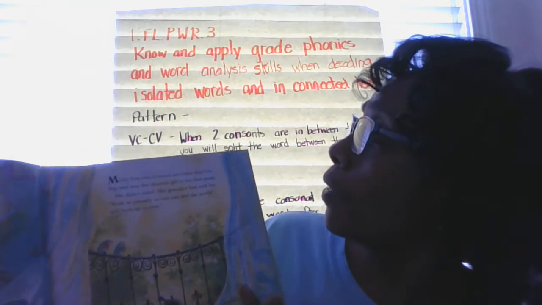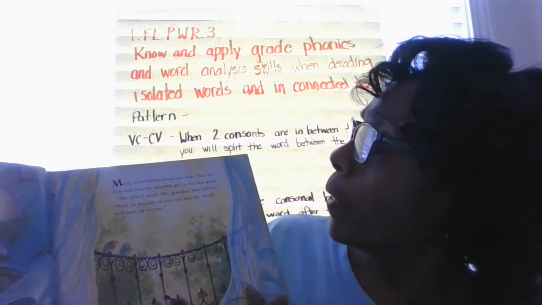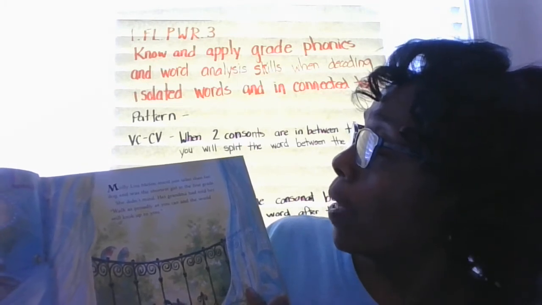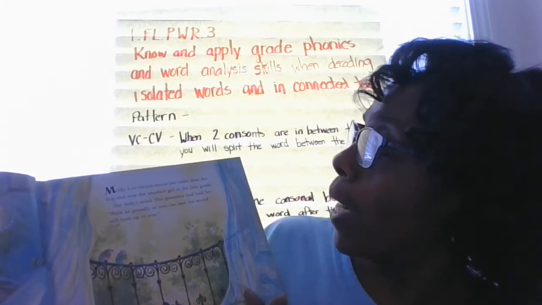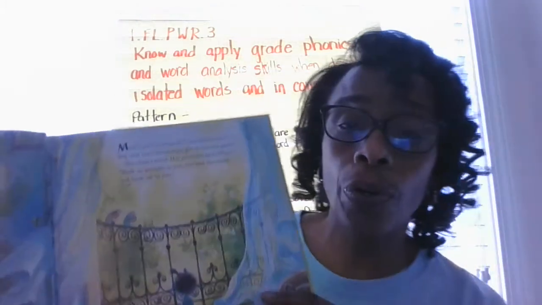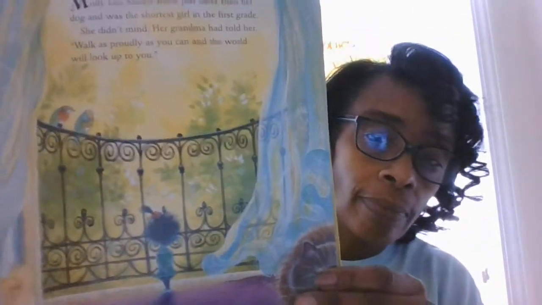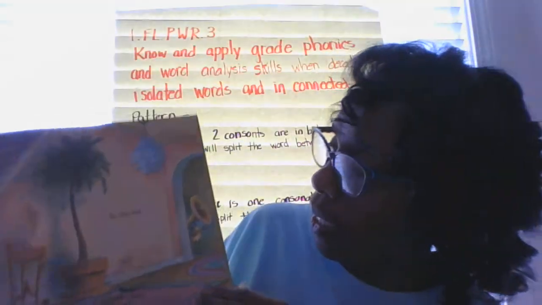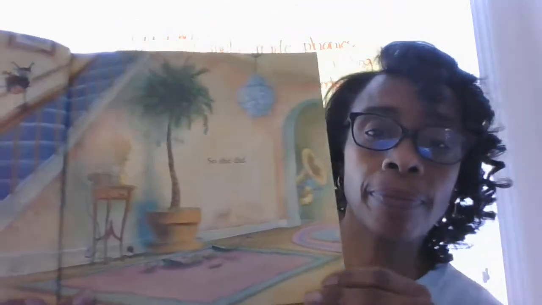Molly Lou Mellon stood just taller than her dog and was the shortest girl in the first grade. She didn't mind. Her grandma had told her, "Walk as proudly as you can, and the world will look up to you." There she is coming down the stairs. So she did.